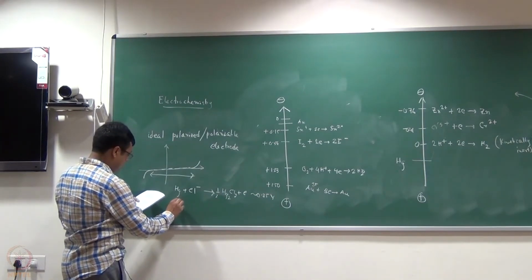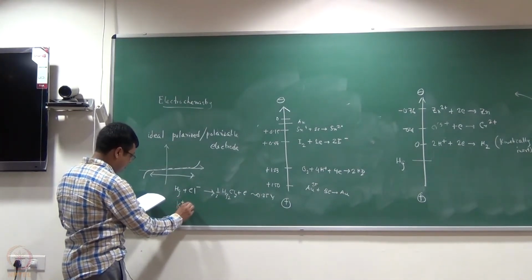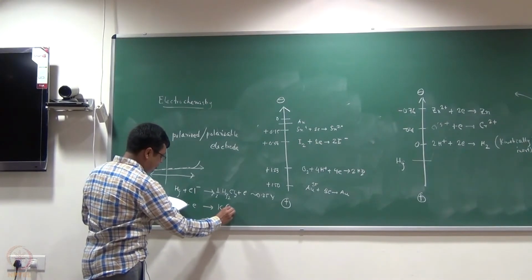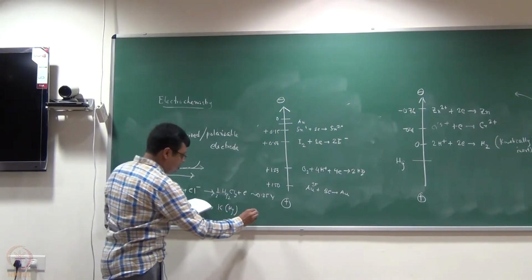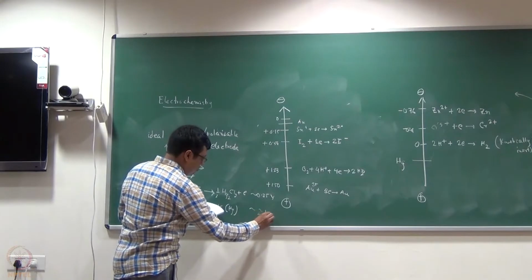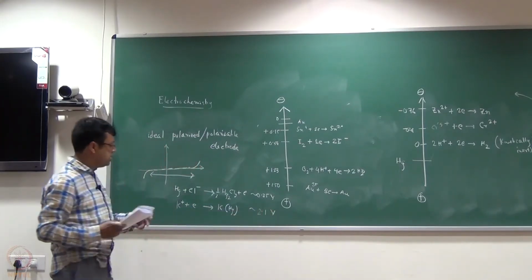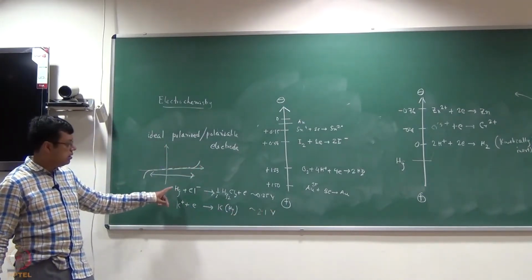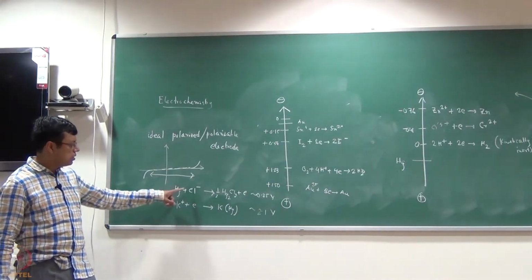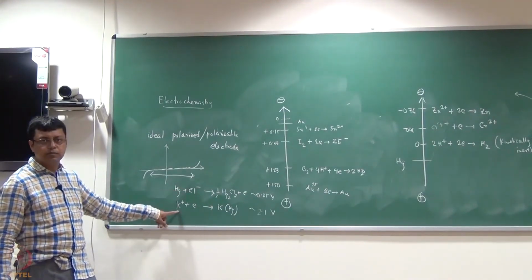And then as a counter reaction, if I add the potassium, it will show 2.1. Now as you can see, suppose I have a mercury electrode, and in the solution I have potassium chloride.